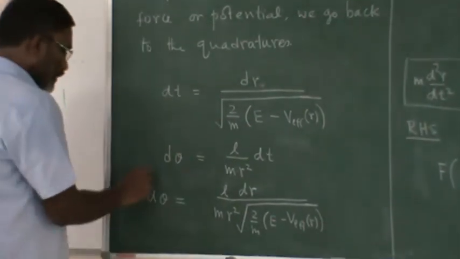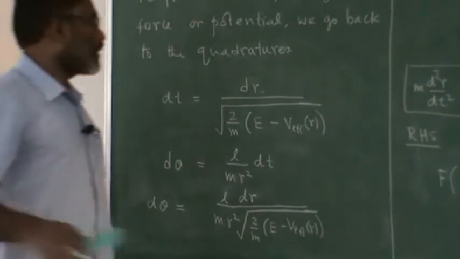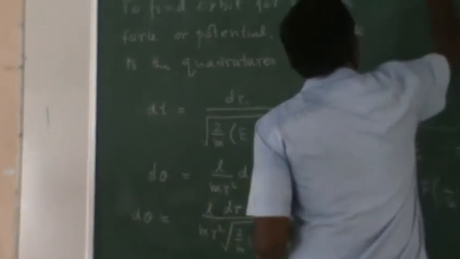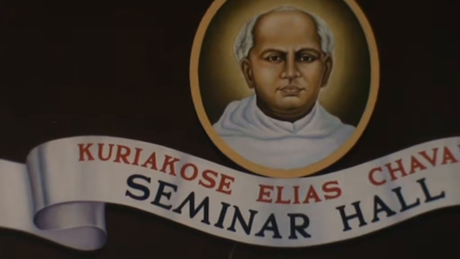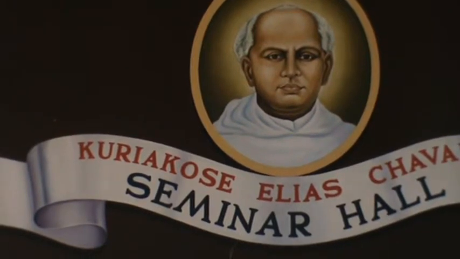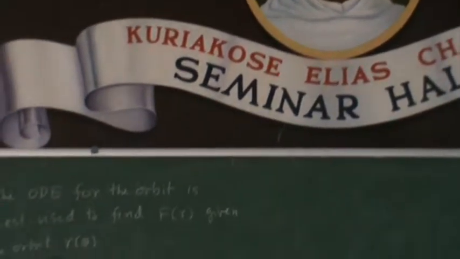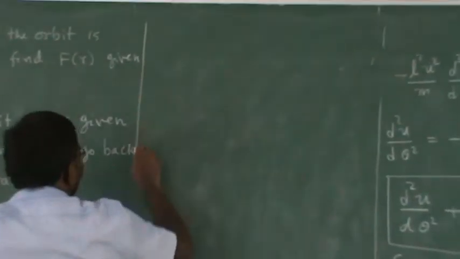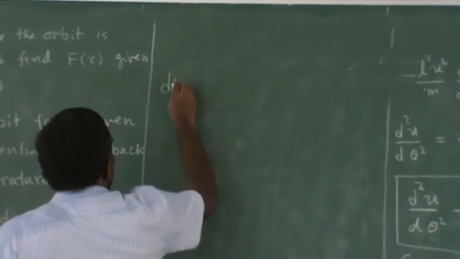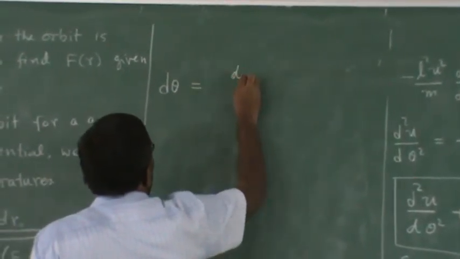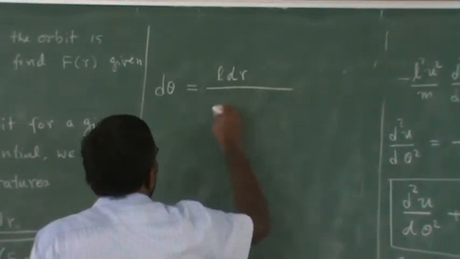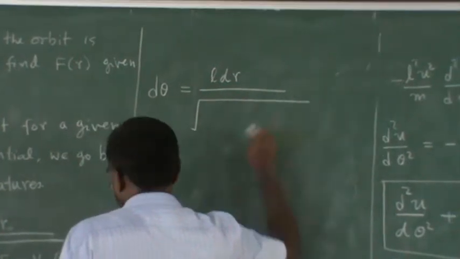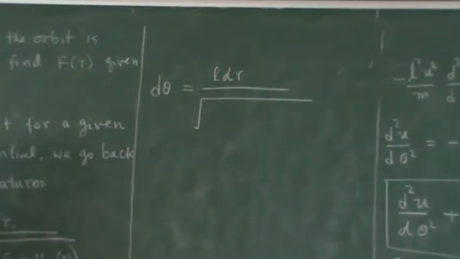So this equation can be modified to write it in a sensible form. If you look at this expression, we have d theta is equal to L dr divided by square root of... this m, if I take it inside, it becomes m square.